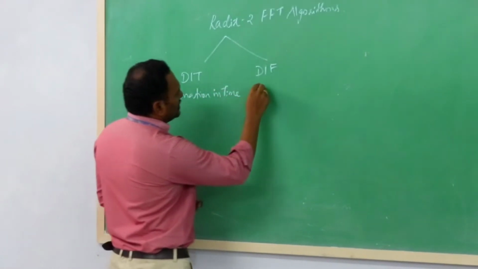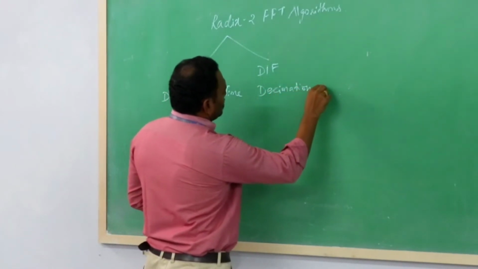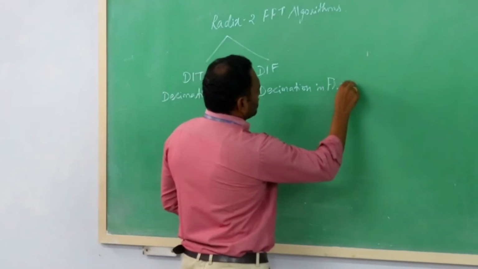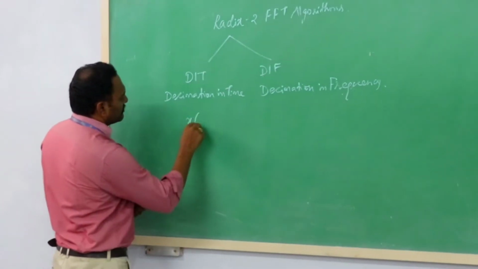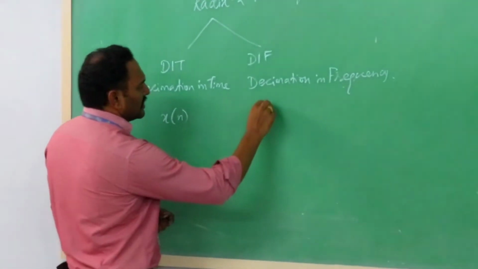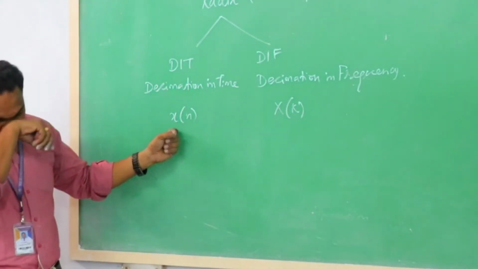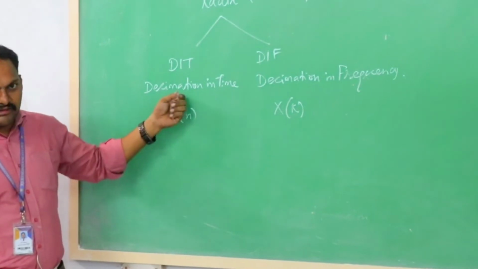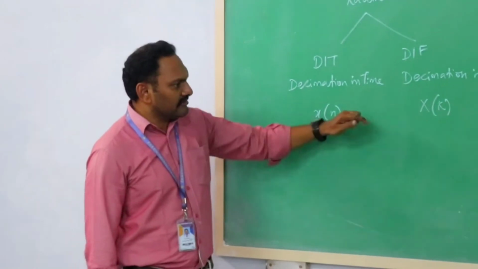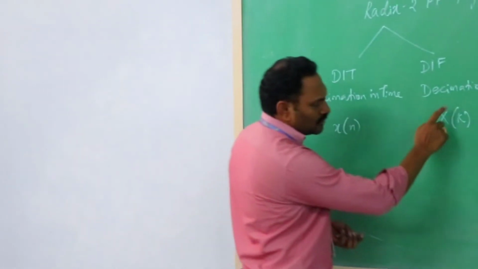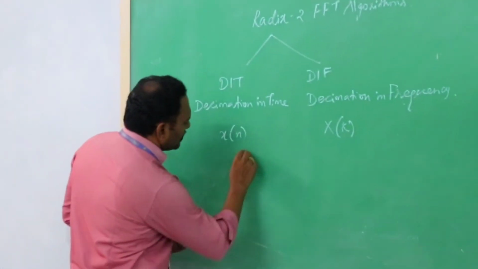Here DIF denotes decimation in frequency. In DIT, the sequence is x of n. Here in DIF, the sequence is X of k. That is nothing but in DIT, the time sequence is decimated. In DIF, the frequency sequence is decimated. That's all. Based on this, we are going to see the classifications of DIT as well as DIF.